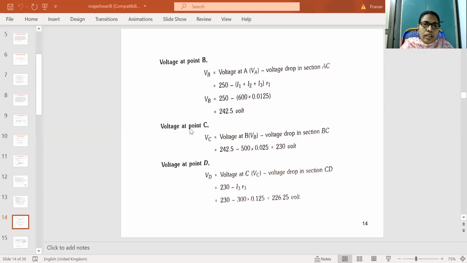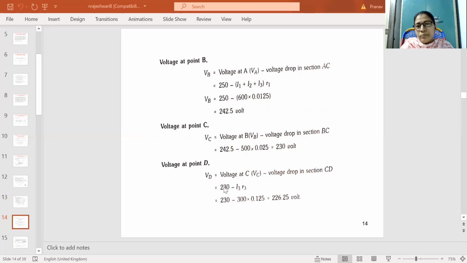The voltage at point C is VC, which is equal to VB minus the voltage drop in the section BC. So similarly, 242.5 minus 500 into 0.025, which gives 230 volts.